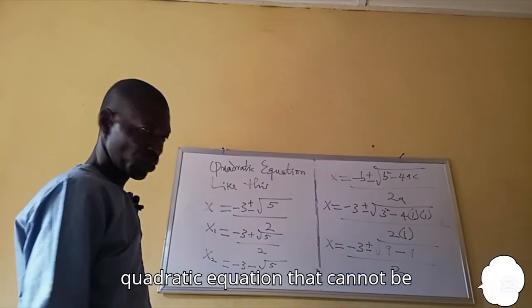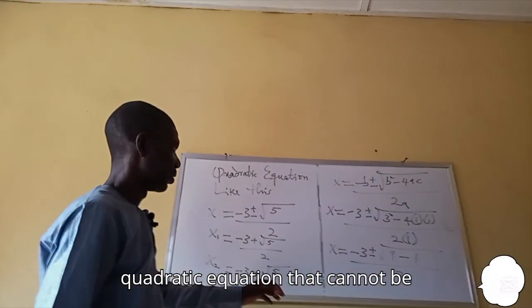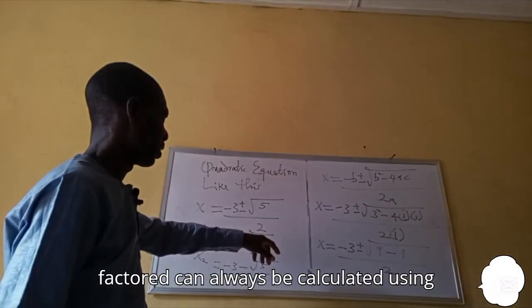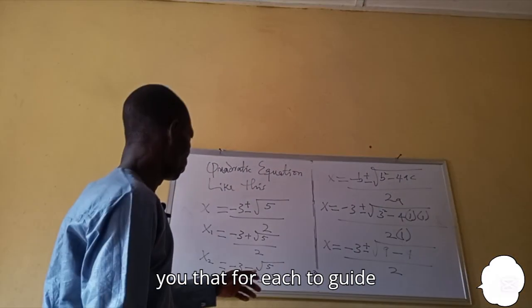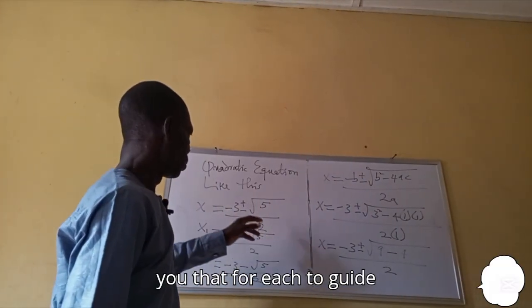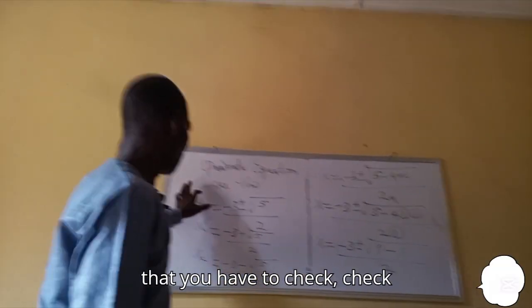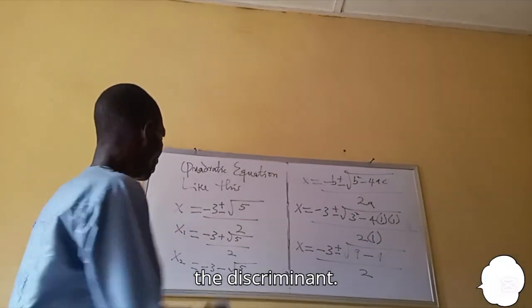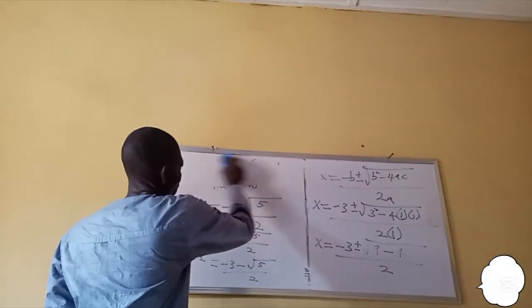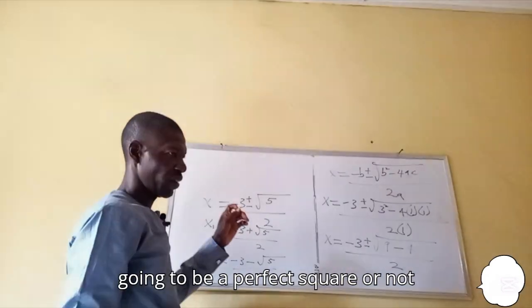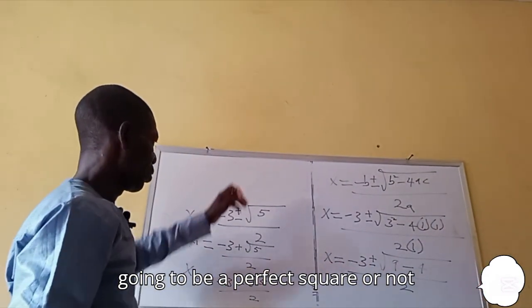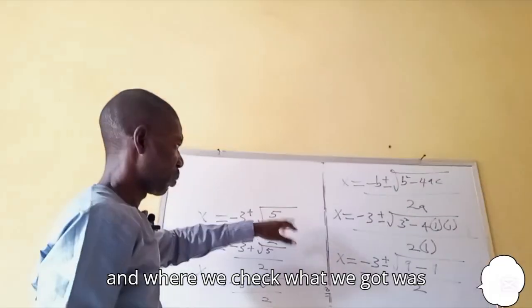A quadratic equation that cannot be factored can always be solved using the quadratic equation formula. I told you that for you to know, you have to check the discriminant to see if it's going to be a perfect square or not. When we checked, what we got was not a perfect square.